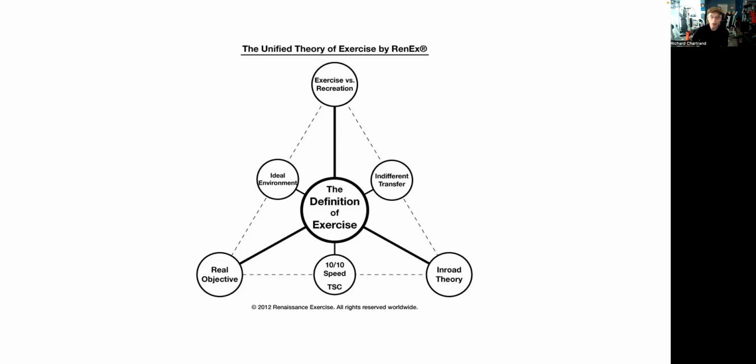And we talked about the real objective, meaning that you're not trying to make weights go up and down as many times as you can, with as much weight as you can. It's not what you do to the weights, it's what your weights do to your muscles, which is basically fatigue them. And this is where it goes to inroad theory. The idea is that the stimulus, as far as we know, for your muscles and your body to adapt is to fatigue your muscles beyond a certain point.